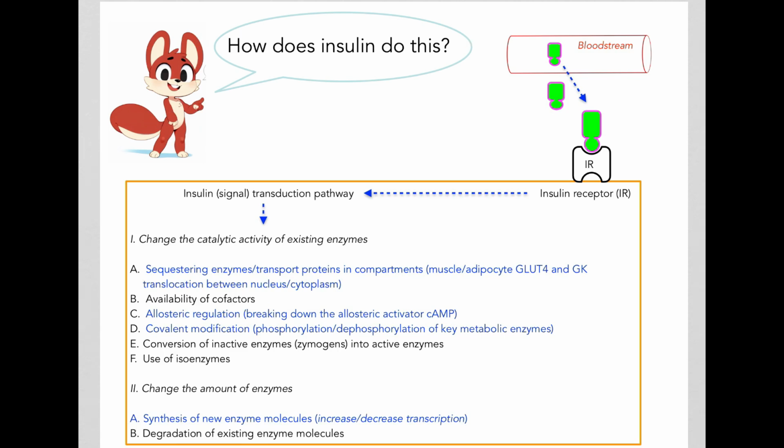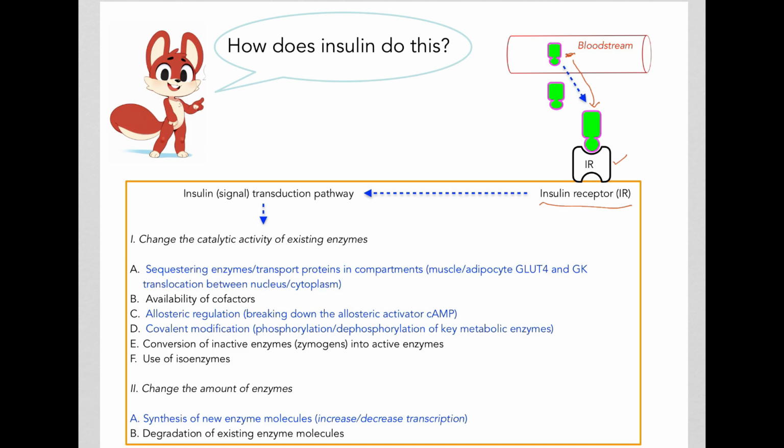Insulin secreted by the beta cells of the pancreas will travel in the bloodstream to every part of the body. And if there are receptors on the cell for insulin, what we call the insulin receptor or IR, then the insulin signal will bind the receptor.